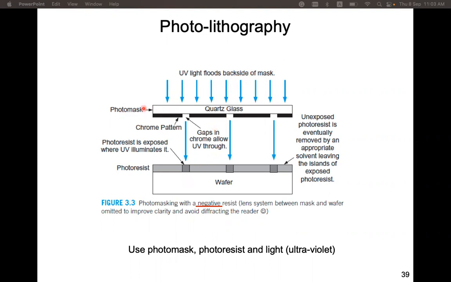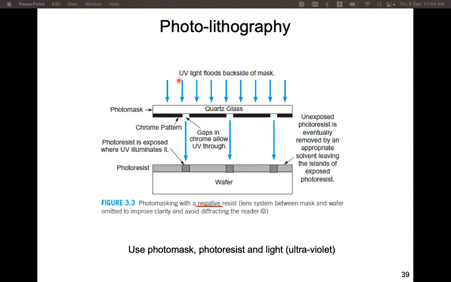So like an inscribed stone, and this wafer is like paper, and the ink is like photoresist. So we expose this photoresist to some light.